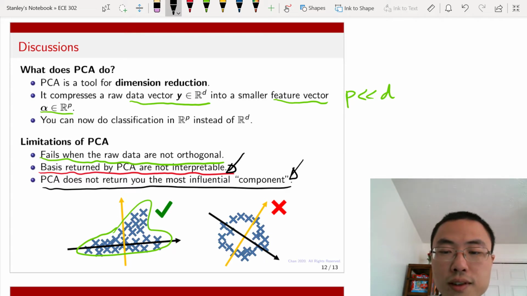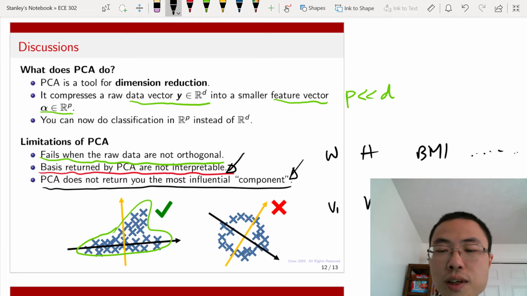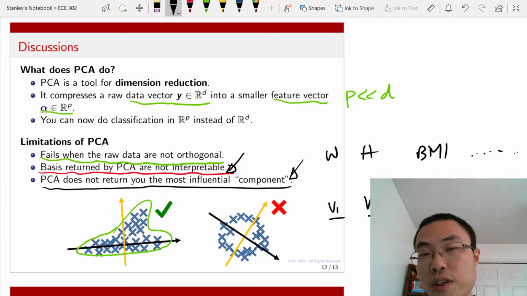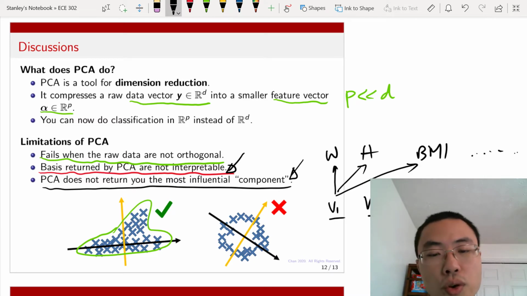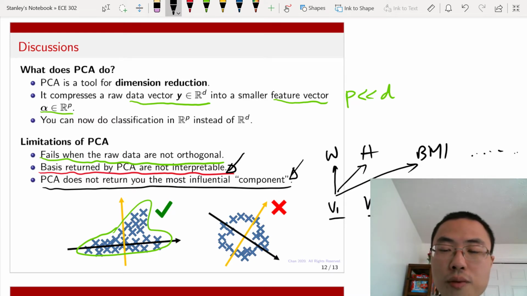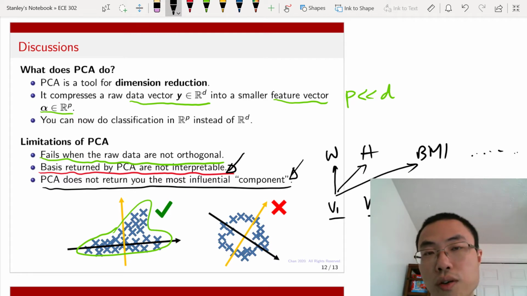Okay, so let's say these are weight, height, BMI, and so on, these features. When you run the PCA, you will only have basis vector 1, basis vector 2, basis vector 3, and you say that these 3 bases are the most influential ones, but they just do not correspond to weight, height, or BMI, and so you do not know whether height, weight, or BMI is contributing to your principal component.